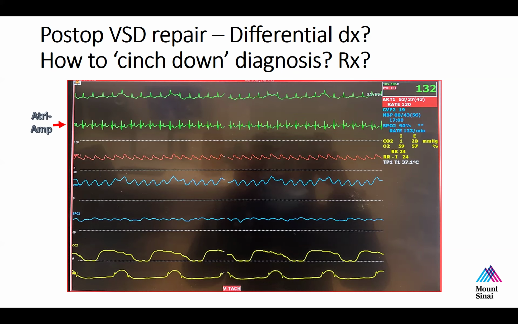And so again, another reason why getting a 12 lead would be very important. I agree with you that when the R to P or the VA interval is so much shorter than the PR interval, we would most likely think that this is a retrograde P wave, but it certainly could be an antegrade.